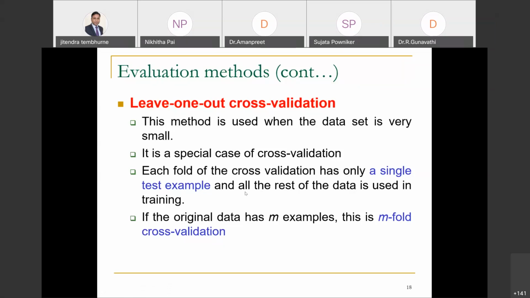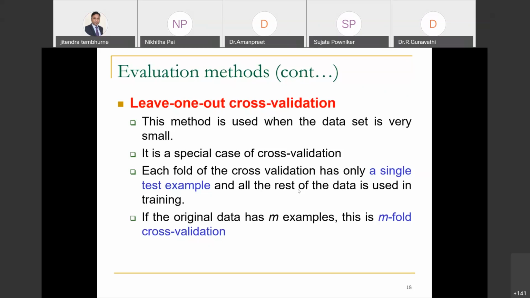For example, suppose I have only 10 data values, 10 records. That is a very small data set. So one record becomes the test example, and the remaining 9 are utilized for training. If the original data has m examples, this is m-fold cross validation.